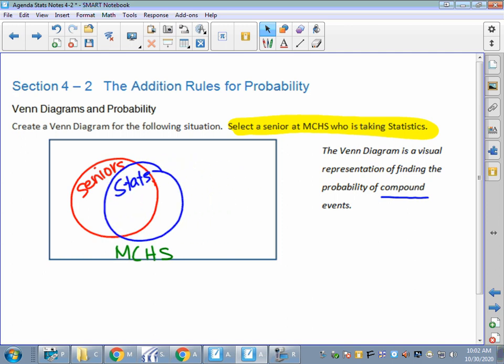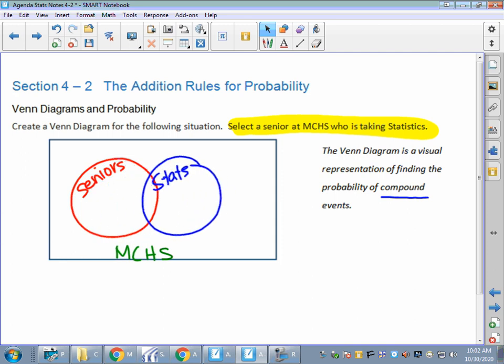So they have to, but all seniors are not stat students. All stat students are not seniors. So I've got an overlap. So I've got some seniors who are taking stats and some stat students who are seniors. I could put different bubbles if I asked a different question, but I've got an overlap. They are not the same thing. They do have an overlap. So Venn diagram to represent that.